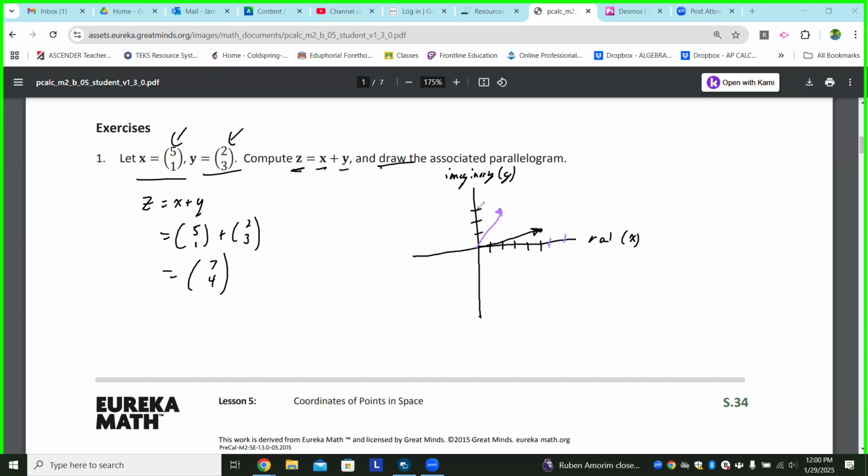I'm not the best drawer, but these are technically supposed to be parallel and the same distance away. But notice, where did I fall? 7, 4, right? Let me give you a better illustration.